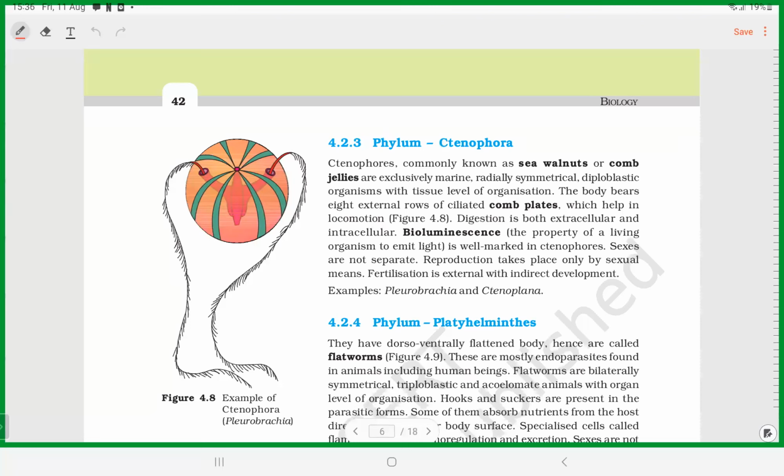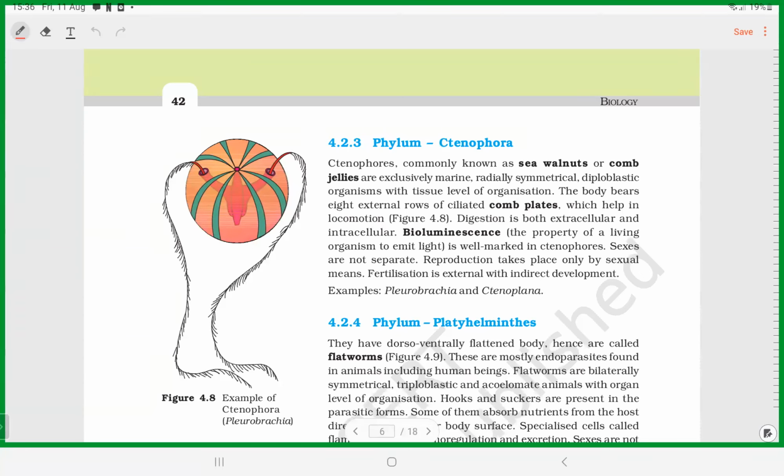In the past class, we just started the animal kingdom and the important aspect of how animals are classified, starting from levels of organization and then segmentation, notochord present or absent, germ layer, diploblastic or triploblastic, body development pattern, radial symmetry, bilateral symmetry.